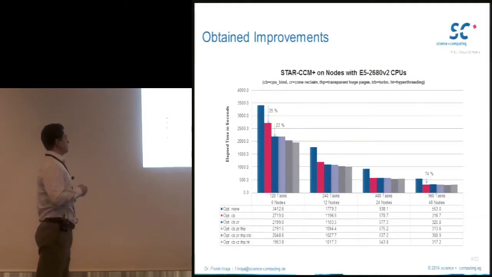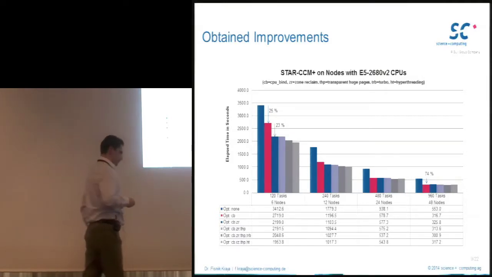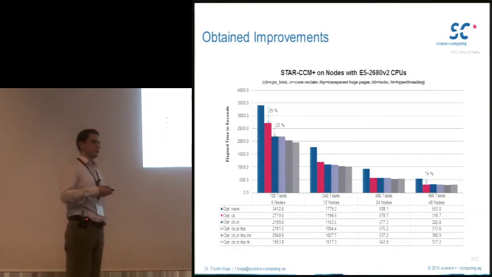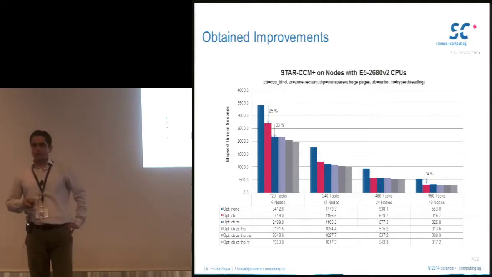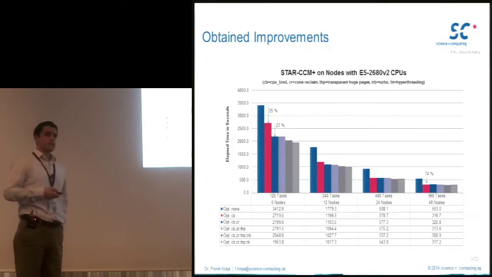And if we go into tests with more nodes, we can see that CPU binding is every time a very important thing to do. We see that the effect of zone reclaim is not that important anymore when you go to more nodes, and we think that this is because when you have fewer nodes doing the same type of job, you have more need for memory throughput, you have more data on the node, and probably that's where zone reclaim is helping a lot.